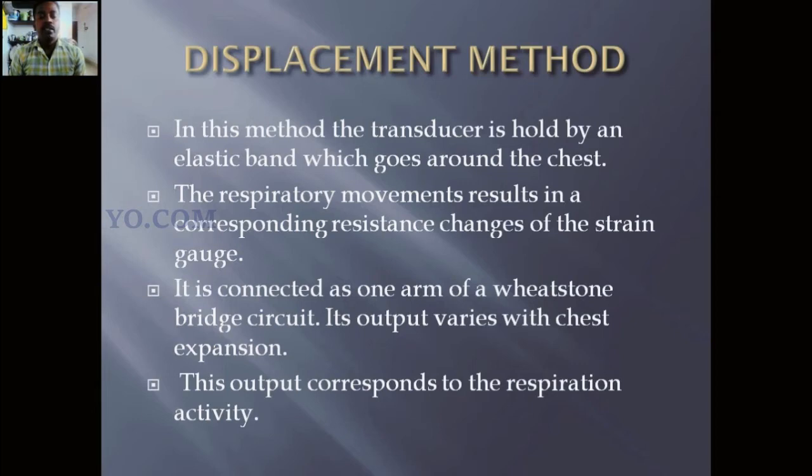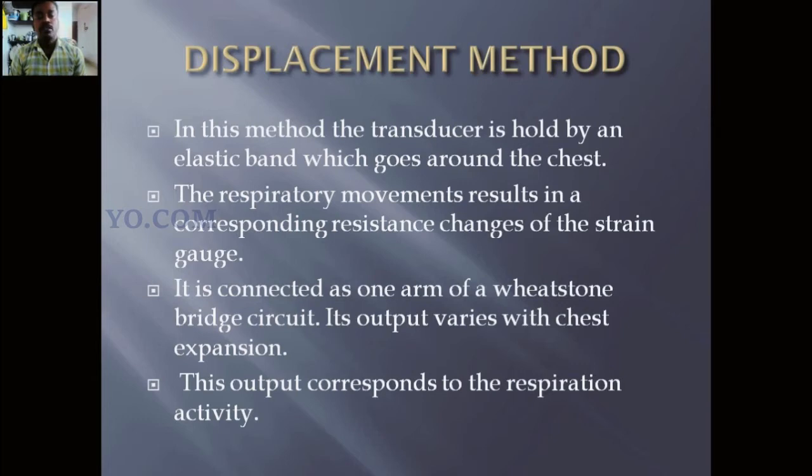The movement adjusts the resistance value, that is, we are using a strain gauge. The displacement is converted into an electrical voltage by the transducer, which is held by an elastic band that goes around the chest.